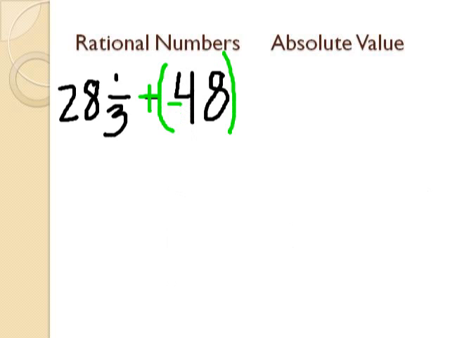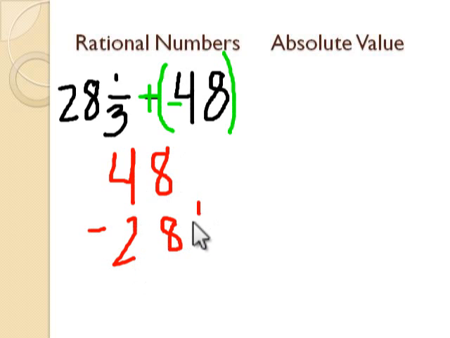Now we're going to do the addition problem. The addition problem has two numbers with different signs. So we find the difference after taking the absolute values. So if I take the absolute value of that and I take the absolute value of that, 48 is bigger. So 48 minus 28 and 1/3. So I have to borrow here because I don't have a fraction from which to subtract.